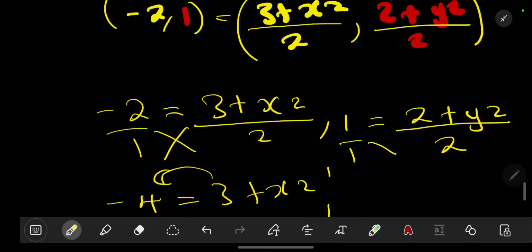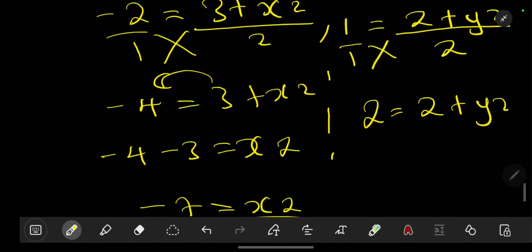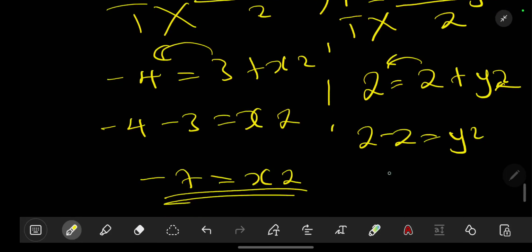You cross multiply. We are going to have 1 times 2, it will be 2 should be equal to 2 plus the y2. Then this 2 goes to this side, and we are going to have 2 minus 2 equal to y2. This time y2 is equal to 0, so this will be our y2.